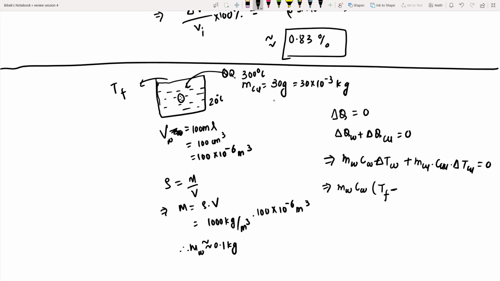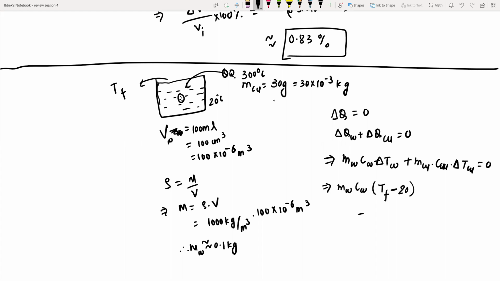And it doesn't matter whether you take Kelvin or degrees centigrade when you are dealing with delta T. For delta T, you can convert it into Kelvin and calculate delta T. You'll get the same thing. So in that case, T final minus 20.